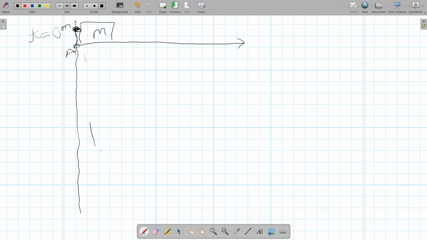This is small mass m or load. Now we know that this rod of length L is hinged at point A, so it cannot move linearly. It can only move in a circular way, like this.